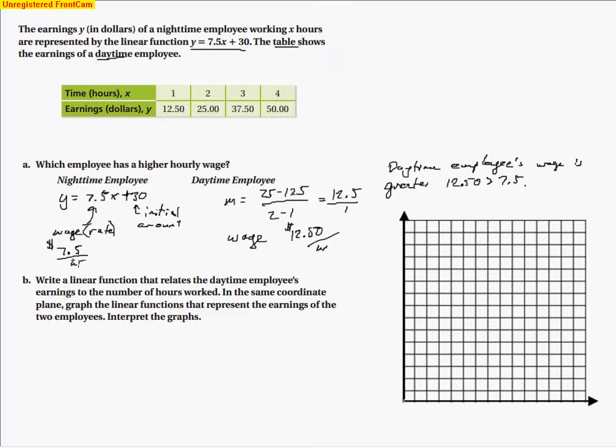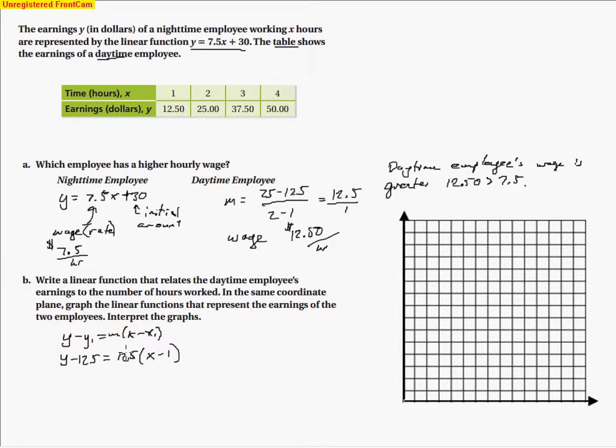And so now it says write a linear function that relates the daytime employee's earnings to the number of hours worked. And so we're going to go ahead and set up the equation: y minus y1 equals m times x minus x1. I'm going to set it up using point-slope. So I know a point, I can just pull off one of the points from here. We'll do this one. So y minus 12.5 equals the slope of 12.5 times x minus 1.